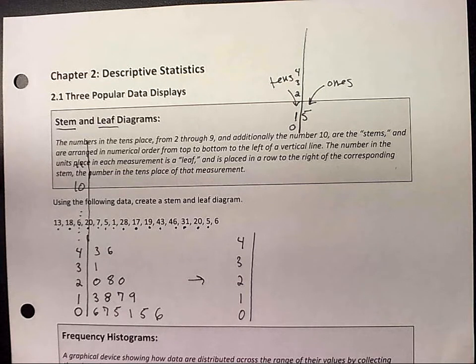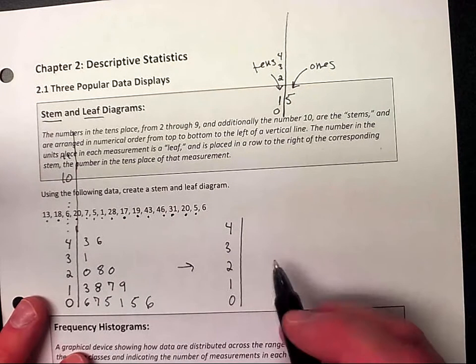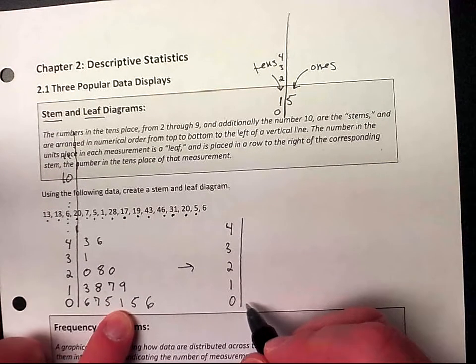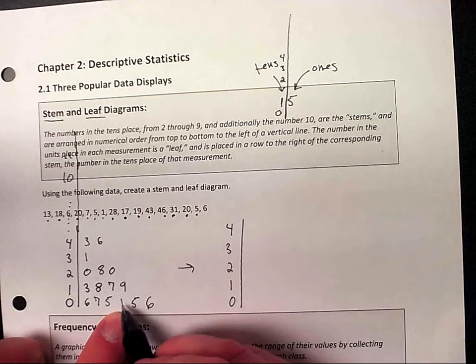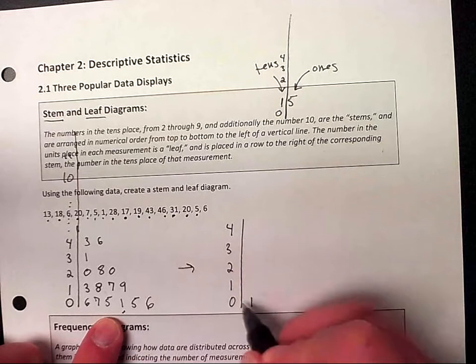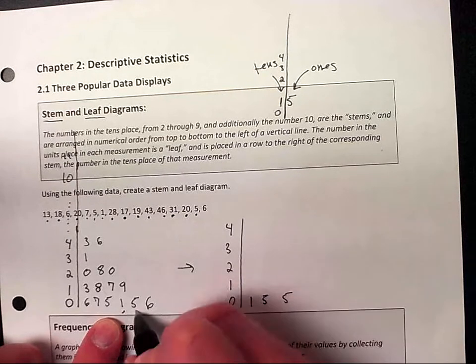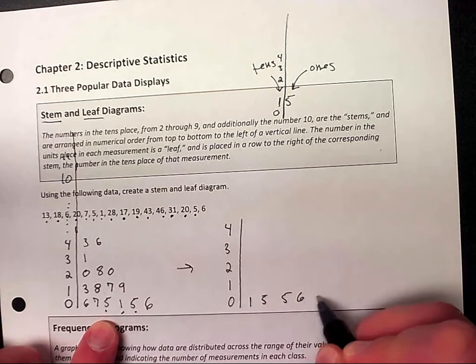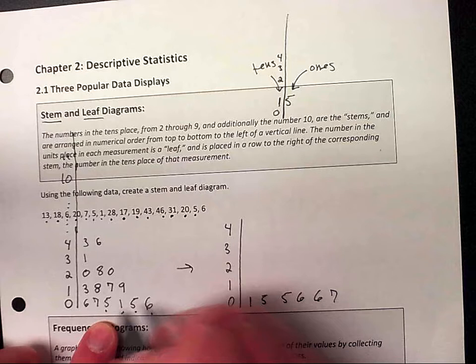Make sense? Cool. So the way that you're going to see stem and leaf diagrams in this class, though, is that it's always going to be well ordered. So let's go ahead and order this right here. The only thing that we're going to do is put these in numerical order from smallest to largest. So we would have 1, and then 5, 5, 6, 6, and 7.